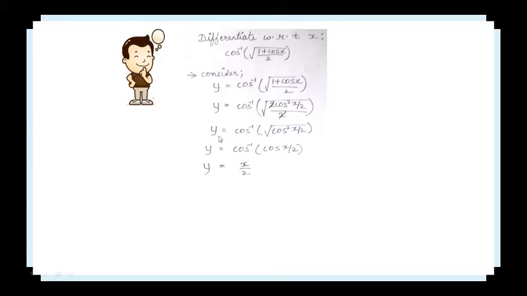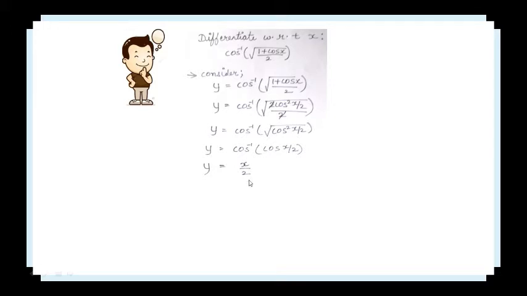I will be getting y equal to cos inverse of root of cos square x by 2. Okay, over here we have square and also we have root, so they will get cancelled and I will be getting y equal to cos inverse of cos x by 2. And everybody knows that cos inverse of cos theta will be theta, so y will be x by 2.